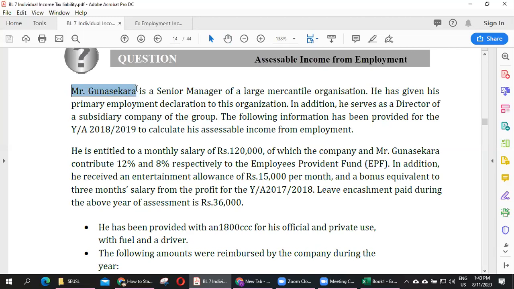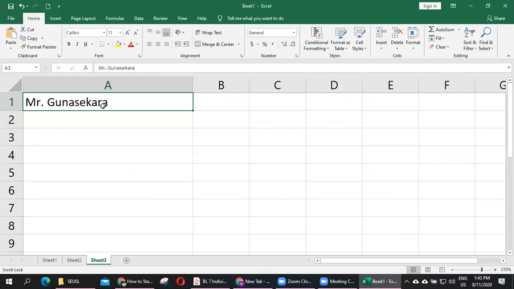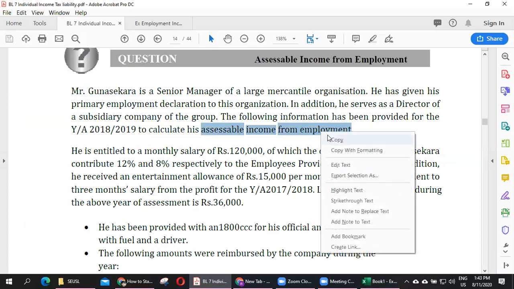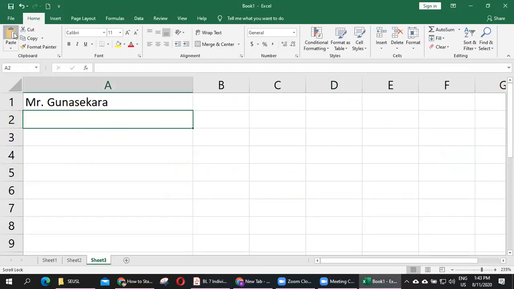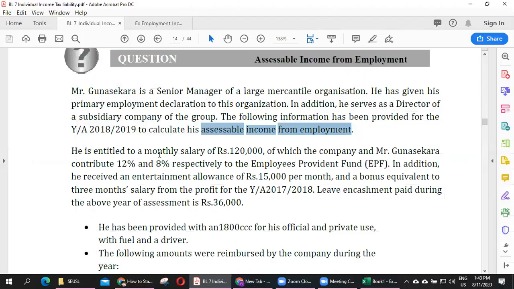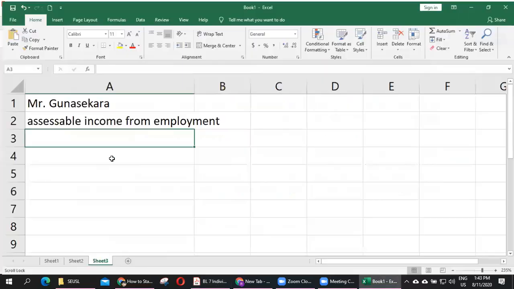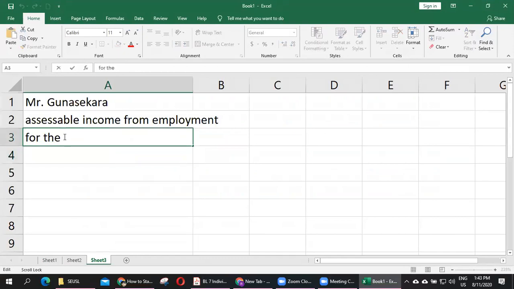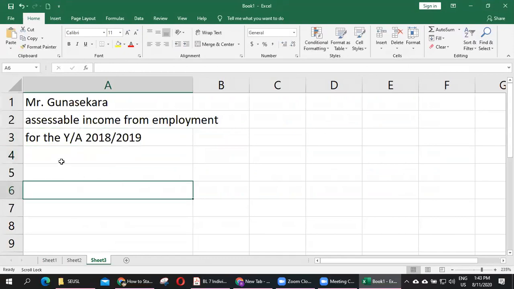First, we have to put the title: Mr. Gunasekara, calculation of assessable income, income for the year of assessment 2018-19, income from employment.